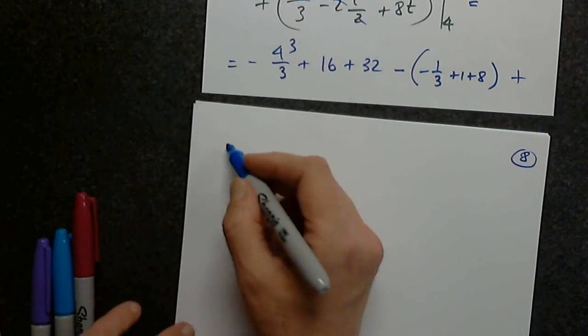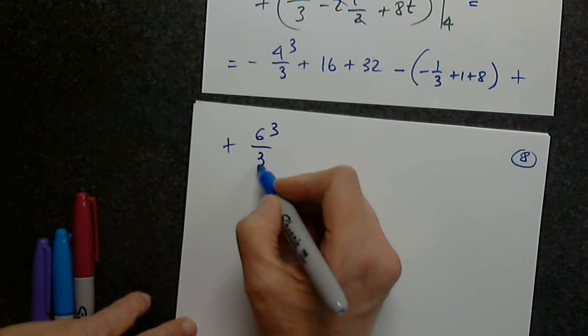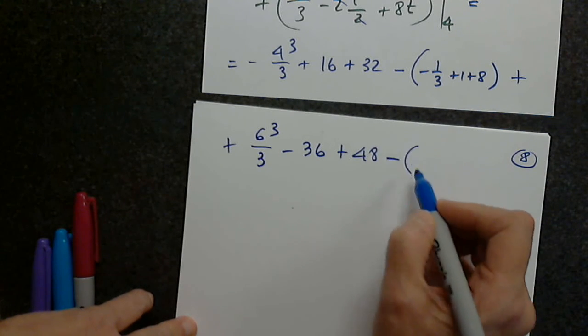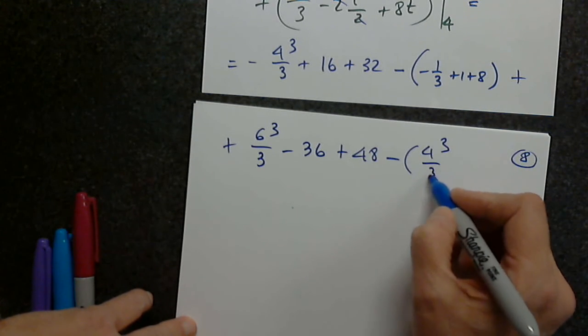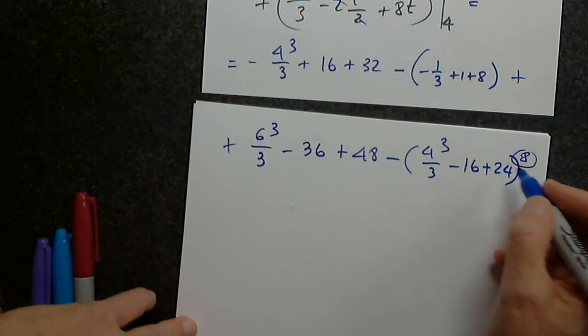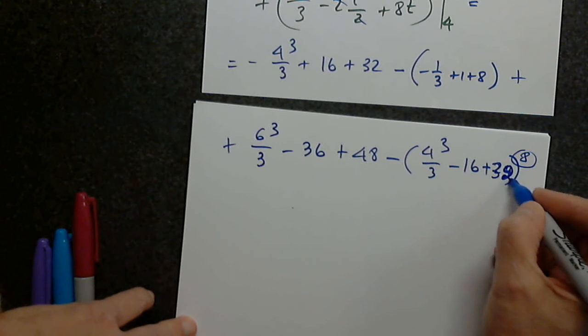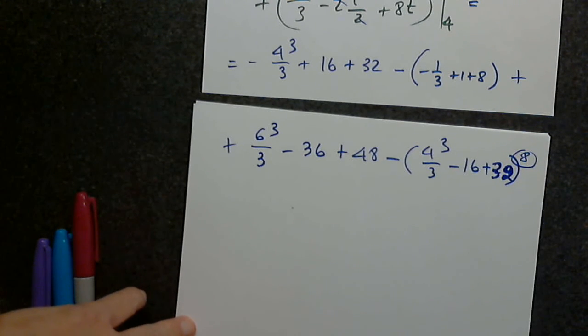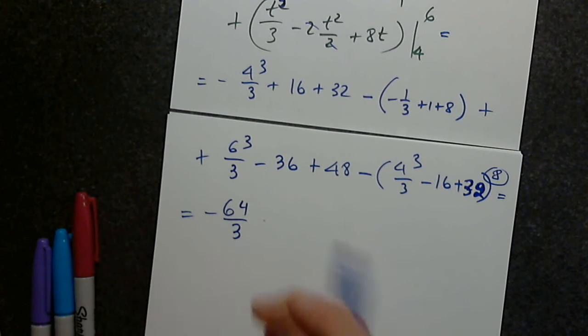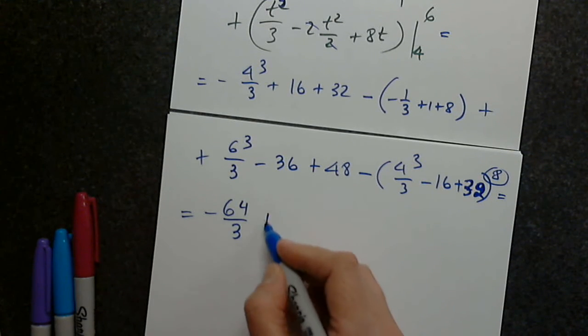Plus when I plug in 6, 6 to the third over 3 minus 36, 48, minus when I plug in 4. Don't trust me today. I repeat. Okay. So 4 to the third, I think it's still 64. 16 times 4. This is positive, I'm sorry.